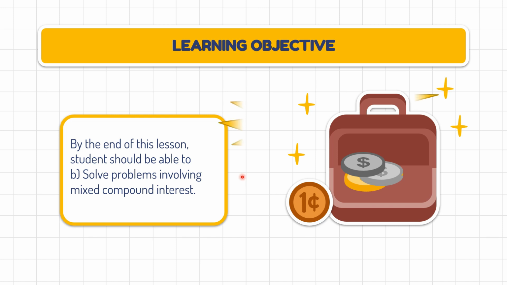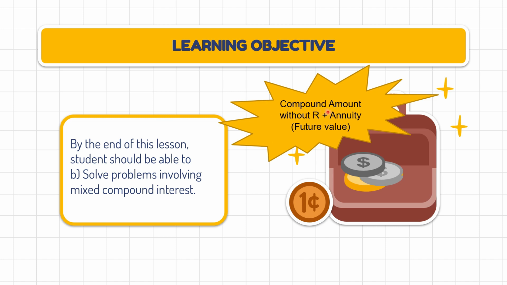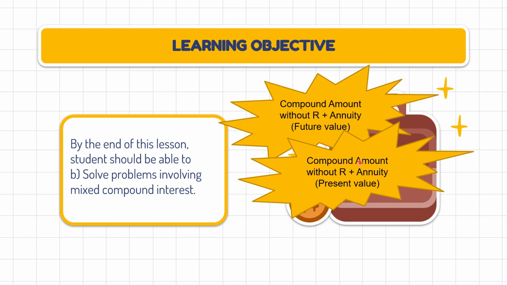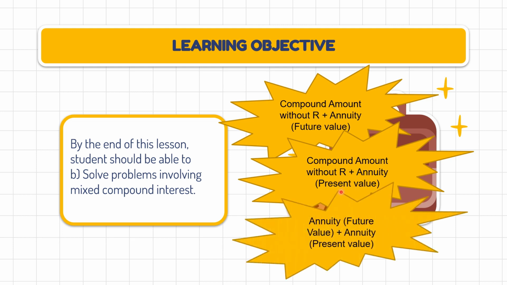Either compound amount without R together with annuity future value, or a question containing compound amount without R together with annuity present value. More than that, it can be annuity future value together with annuity present value. So it will depend on the question.